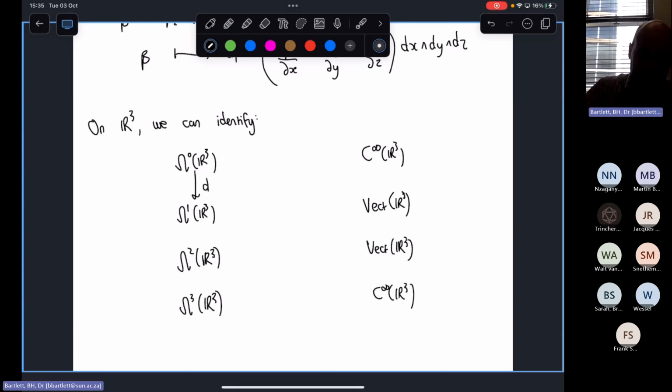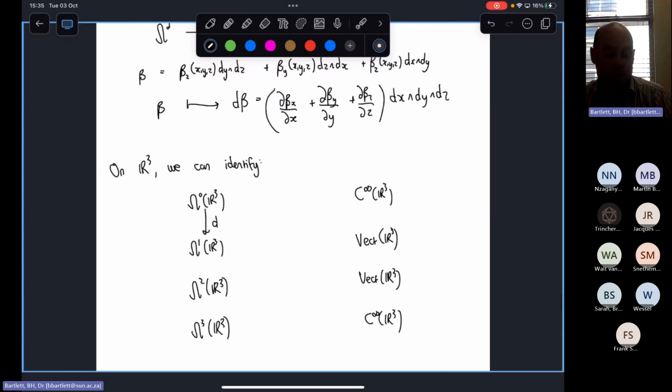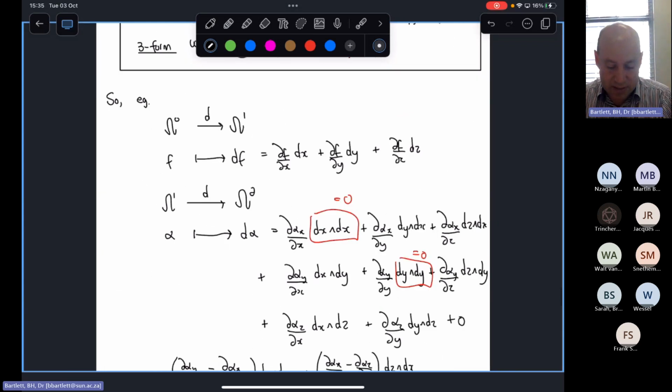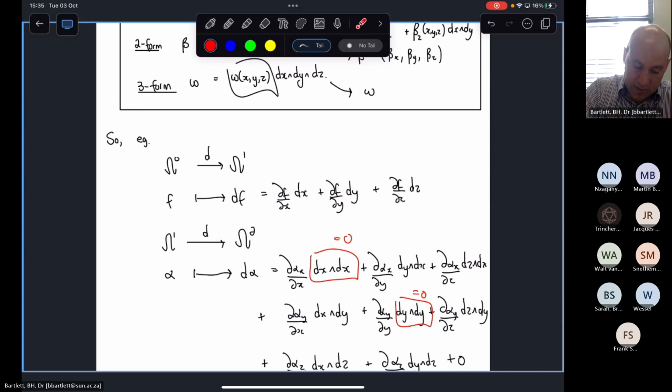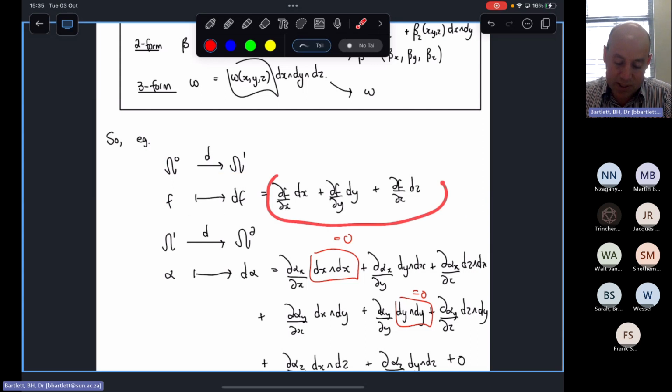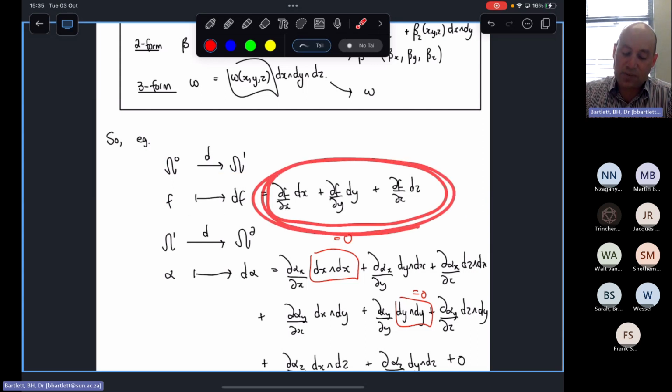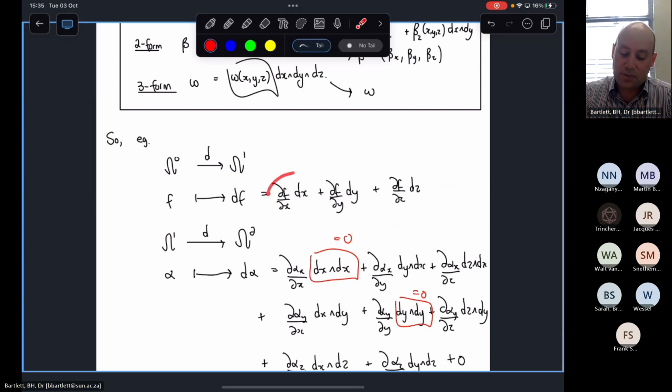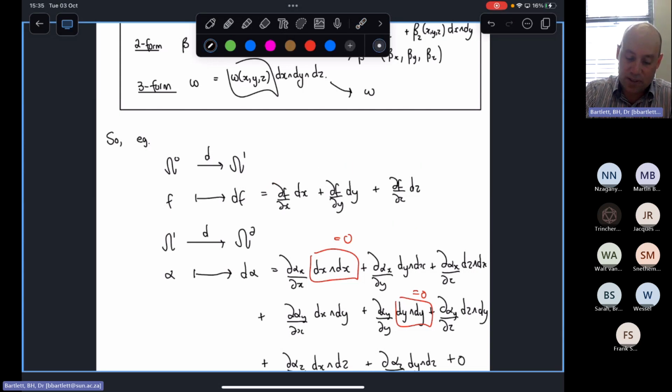And moreover, the derivative map from 0 forms to 1 forms, let's go see what it does. Here's what it does. If I reinterpret this guy as a vector field, then what am I getting out? If I think of this as a vector field, then this would be the vector field that looks like this, right? Del f by del x. Agreed?